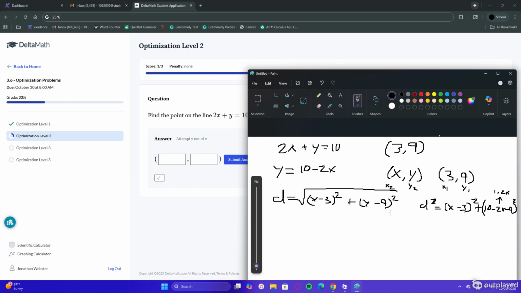So now we can just introduce another variable for d squared. Let's say f, so f equals d squared. Let's say f equals this.